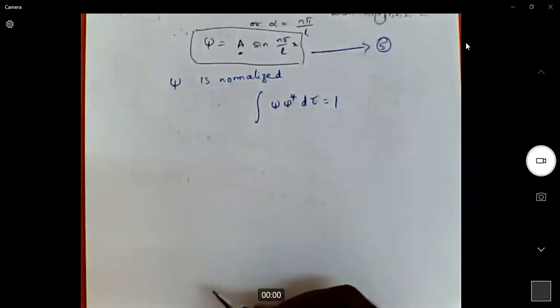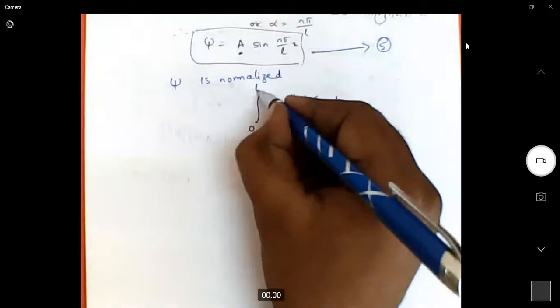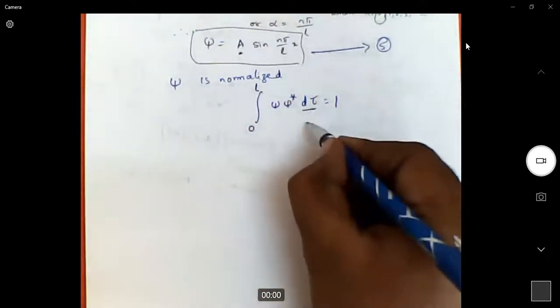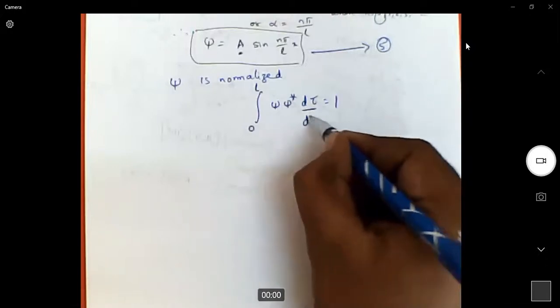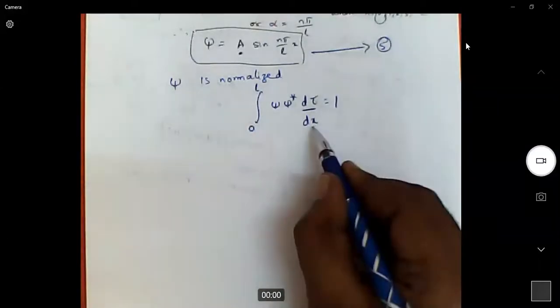This is normalization. Of course, here the limits are from 0 to L, and since it is a one-dimensional box, we can take dx in place of d tau. We are not discussing a three-dimensional box, we are only discussing a one-dimensional box where we are discussing only the x coordinate.